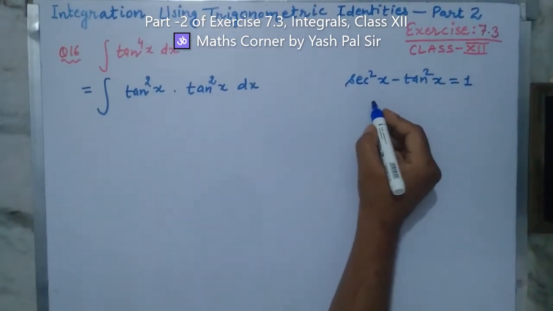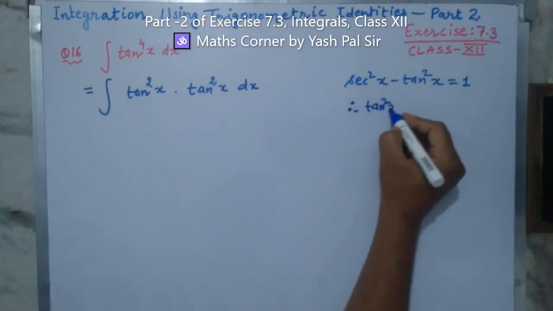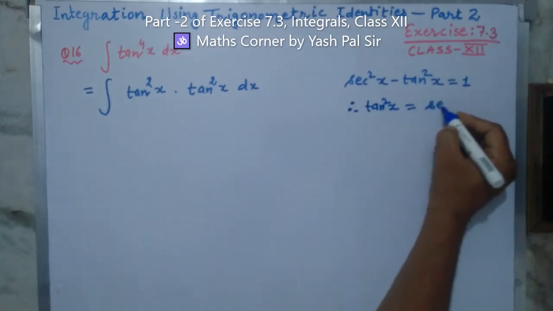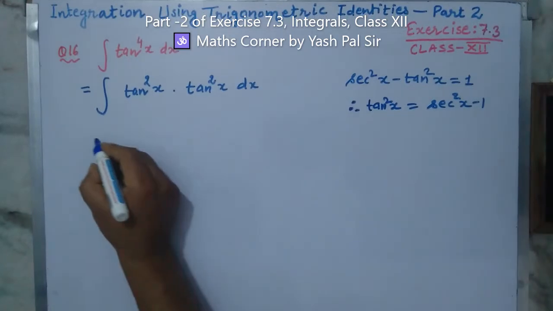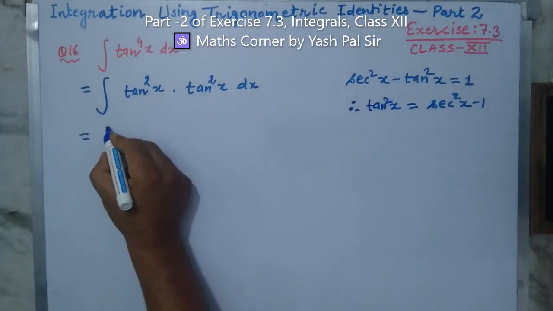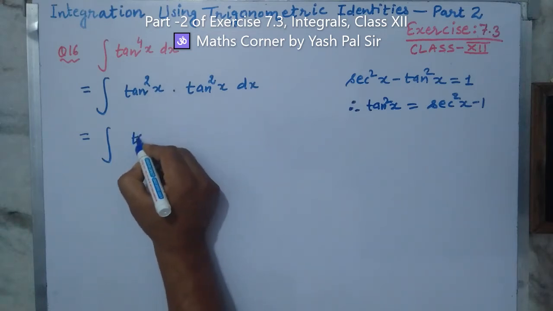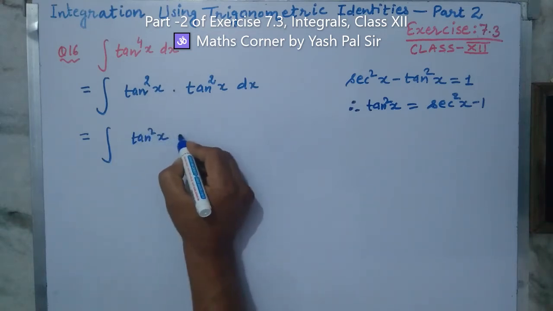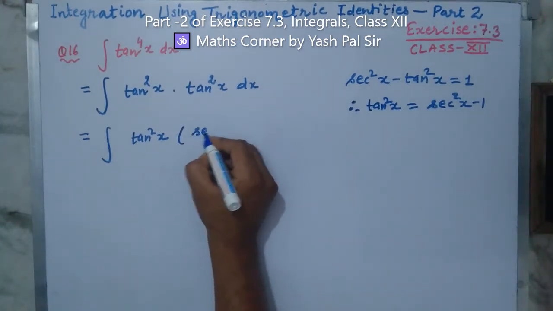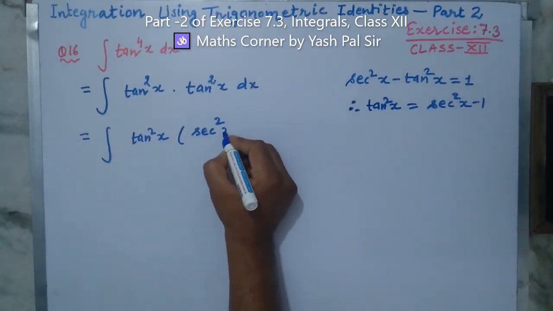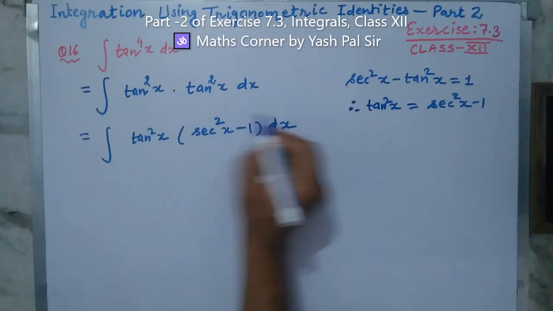So this way we can say tangent square of x is equal to secant square x minus 1. So we write this equal to tangent square x into this tangent square x mean secant square of x minus 1 into dx.